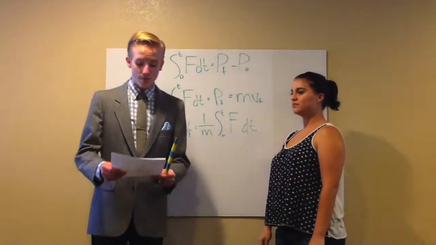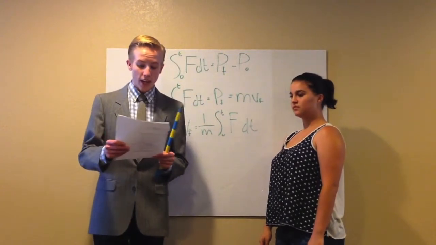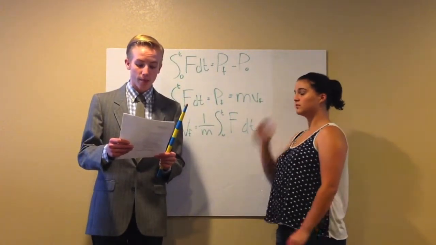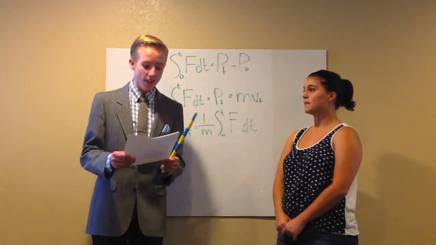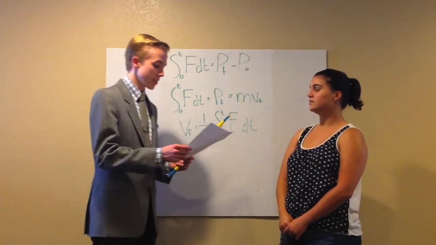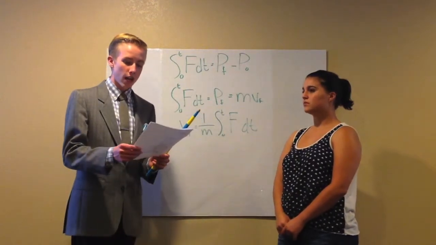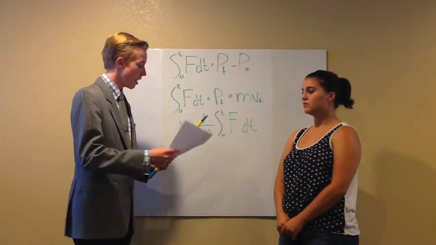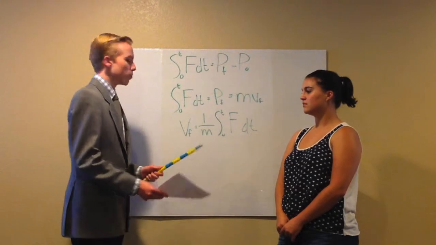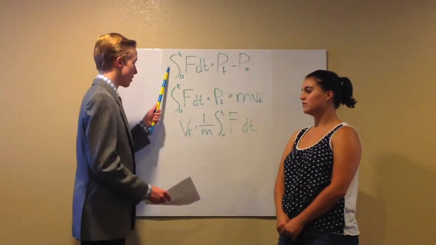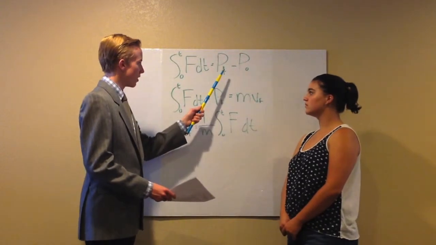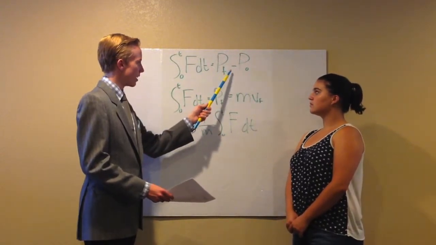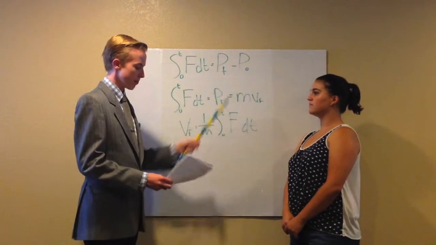And now our example. A variable force, F, acts on an object of mass m that is initially at rest for a time interval t. A. Find an expression for the final velocity by calculating the impulse and relating it to the momentum. In order to do this problem, it is essential to use the impulse momentum theorem. This is equal to the final momentum minus the initial momentum.